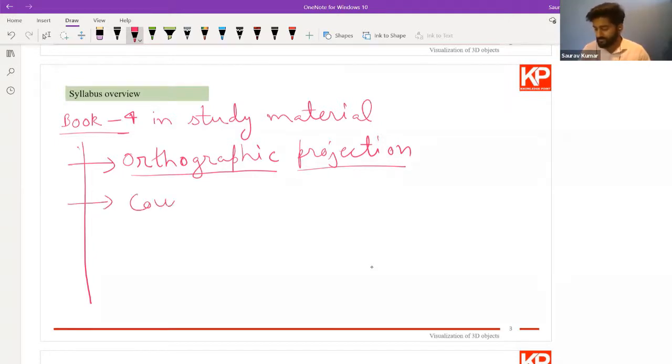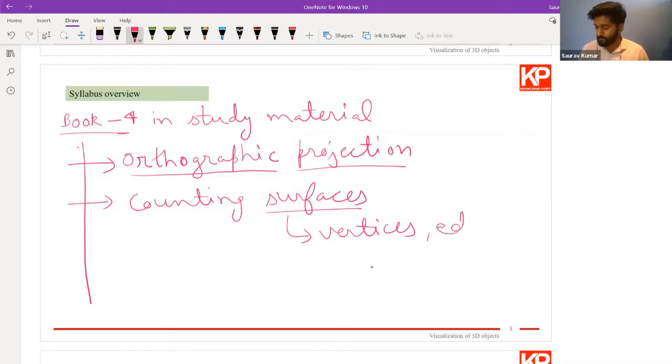Then we have counting surfaces. Basically, they will give you some kind of 3-dimensional object and they can ask you to count the surfaces that are there on the object. Not just the surfaces, these could also be the vertices or the edges or your surfaces or the faces, you can say.